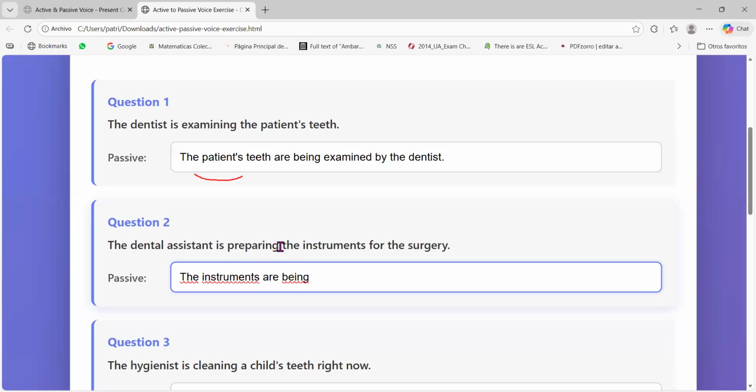Preparing? No. In past participle. Are being prepared. What is optional?